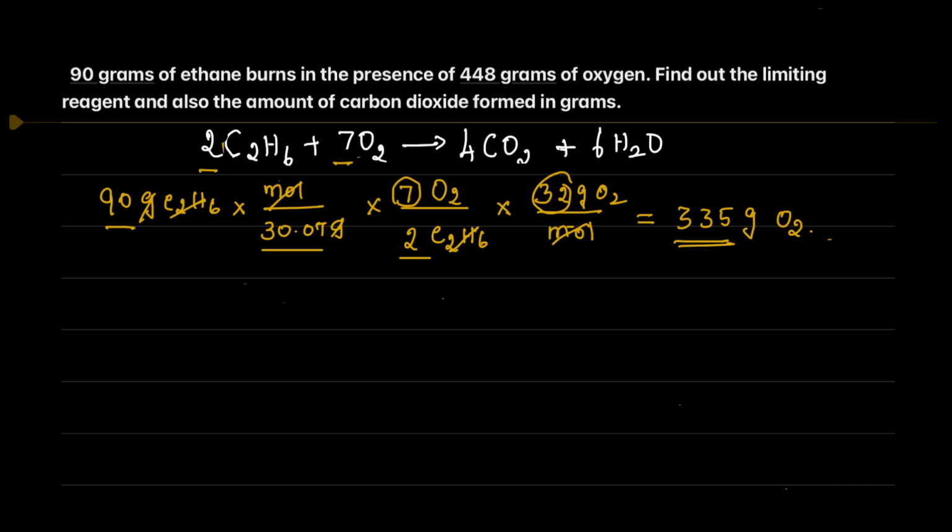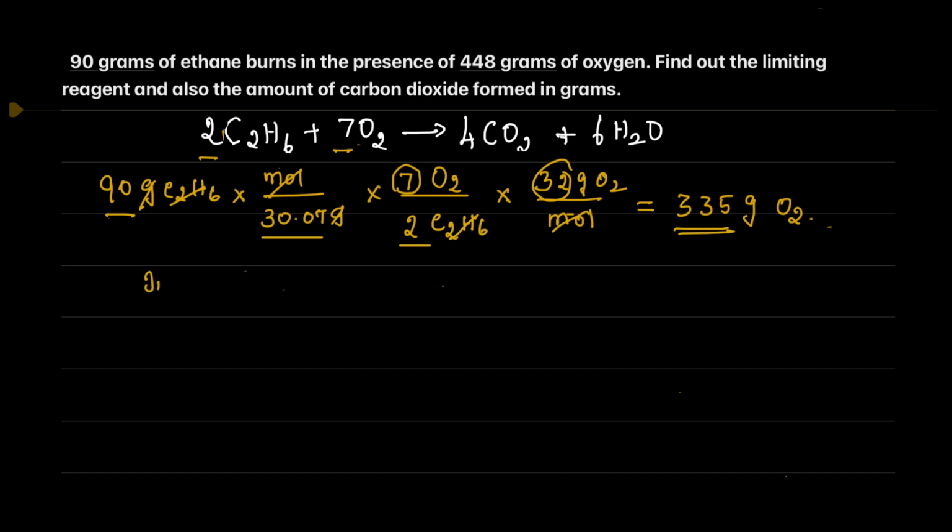The next question that can be asked here is, which reactant is in excess? Obviously, it is oxygen. And how much of it is left over or unreacted? It is very simple. The initial amount of oxygen is 448 grams.